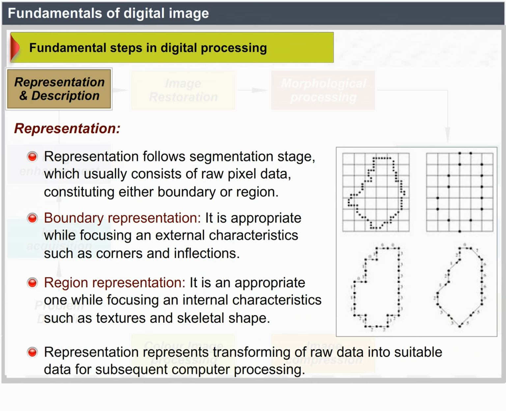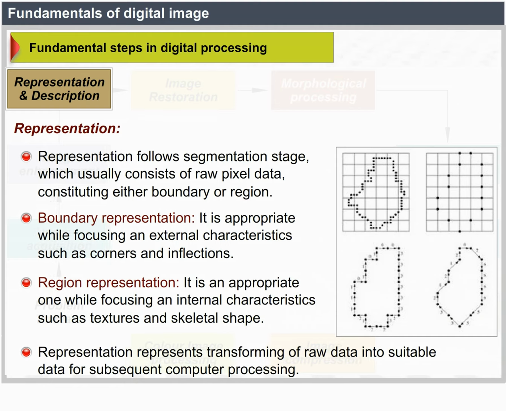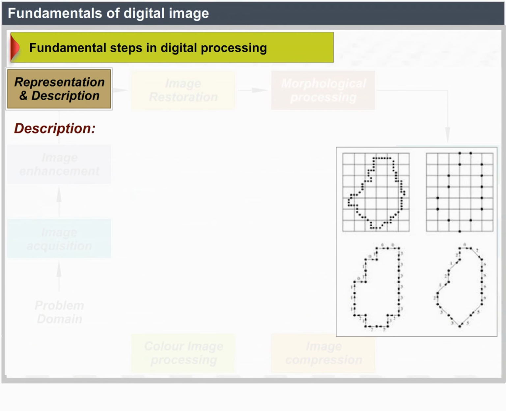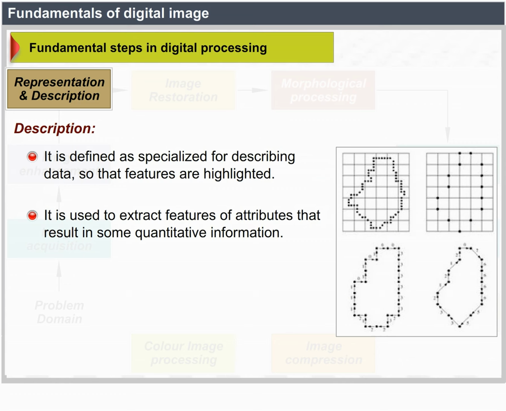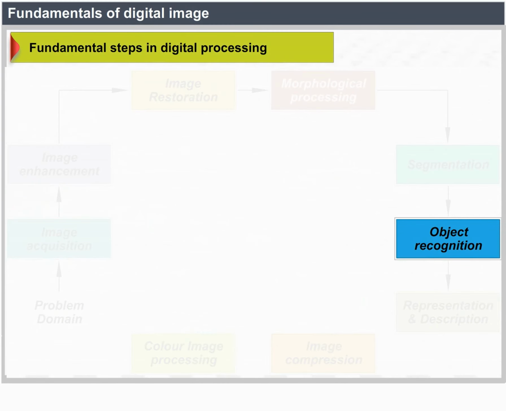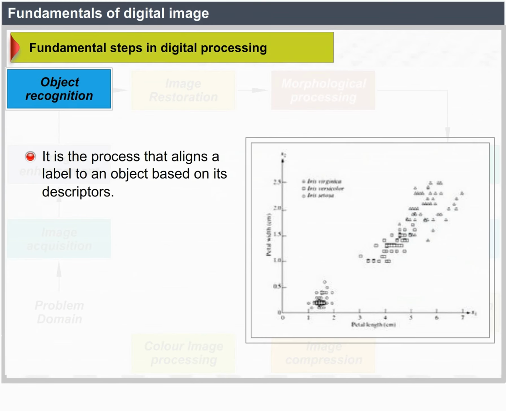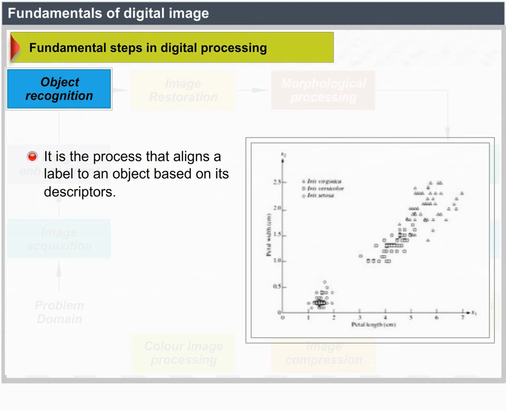Representation is transforming of raw data into forms suitable for subsequent computer processing. Description. It is defined as specialized for describing data so that features are highlighted. It is used to extract features of attributes that result in some quantitative information. It is also called as feature collection. It is a process that aligns a label to an object based on its descriptors.